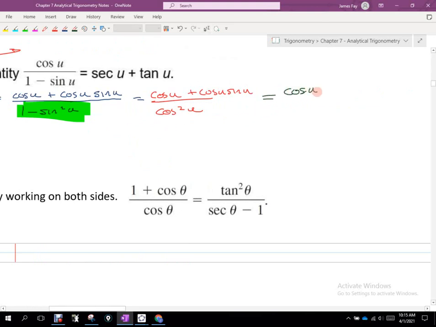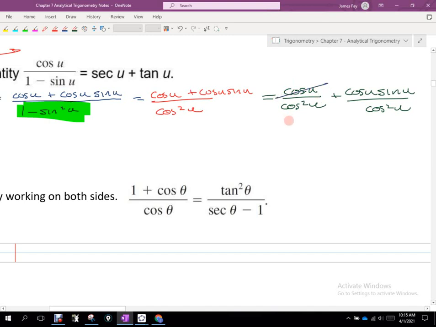so this is my common denominator, I can work backwards and rewrite this now as cosine u over cosine squared u. It's a common procedure once you have a common denominator to actually break them apart. And now I can have plus cosine u sine u over cosine squared u. Okay, now if I look at this here, can cancellation occur?